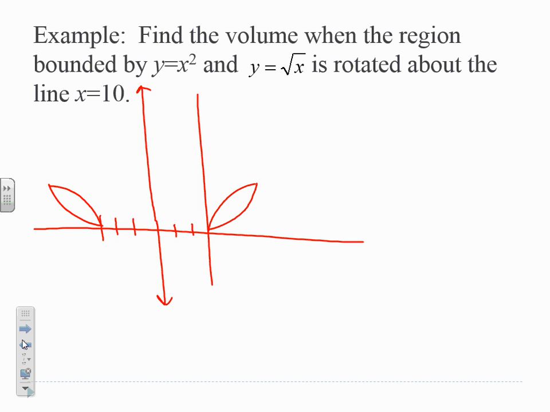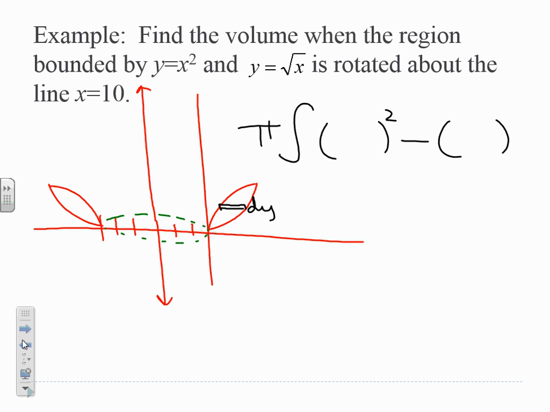So here's our rotation. Remember, this is the one we're rotating, so that is where the rectangle gets drawn, with thickness dy. Now we have these washers that we're twisting around, so we have pi times outer radius squared minus inner radius squared, times h. Our biggest radius is from our axis of rotation to the square root of y. How do we describe that distance? The square root of y plus 3.